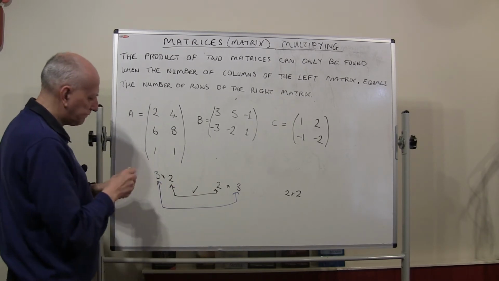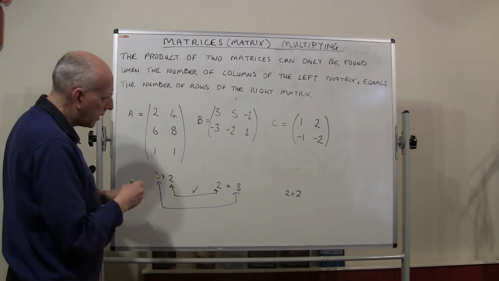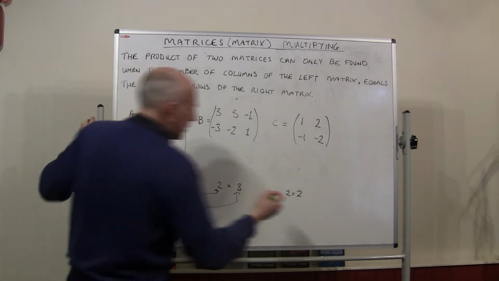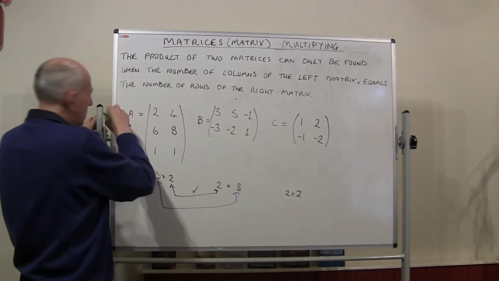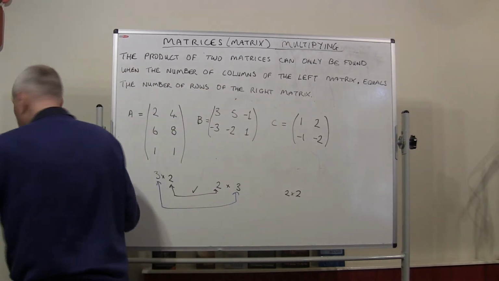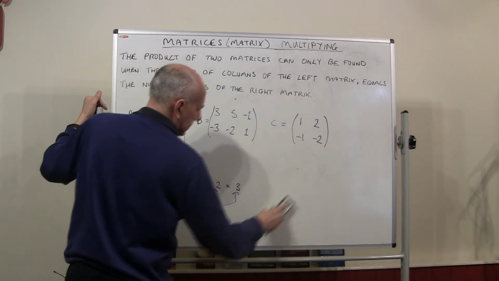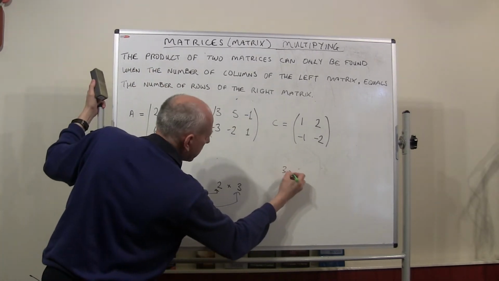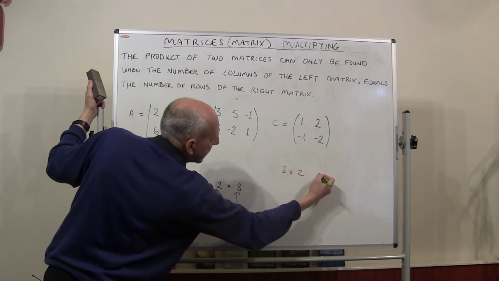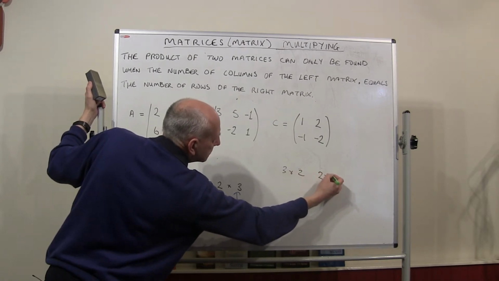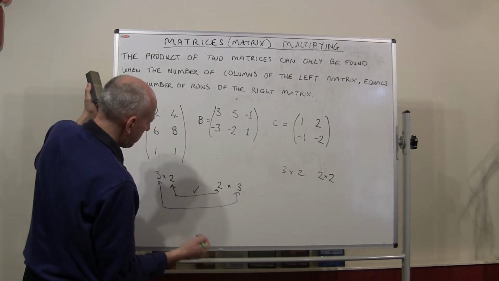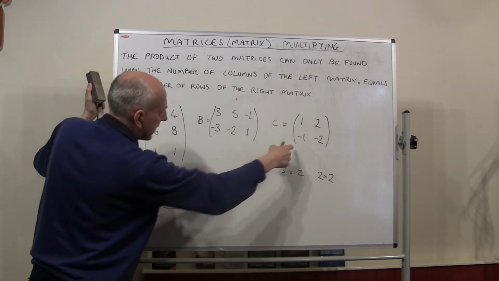Now this one, if I want to do this one, let me just shuffle that over. This one would be a 3 times 2 times a 2 by 2. So that's that one times that one.